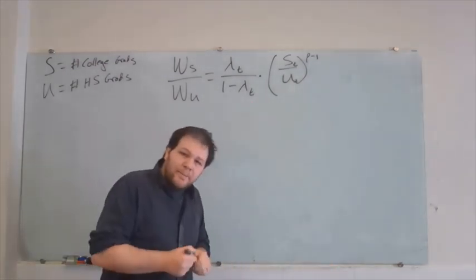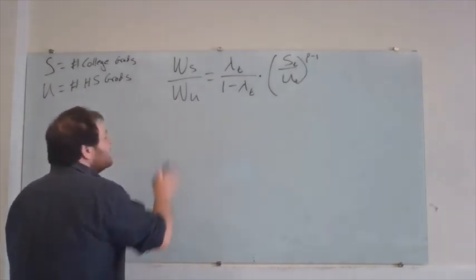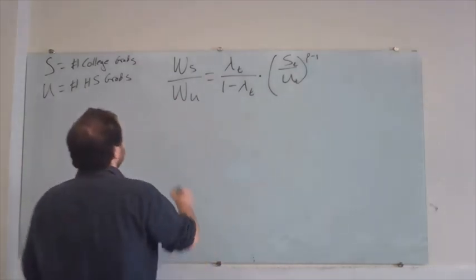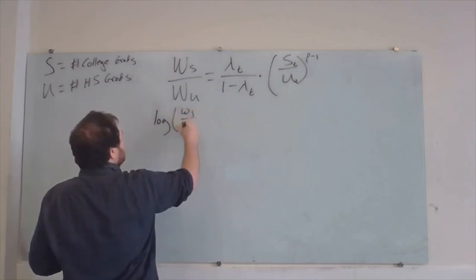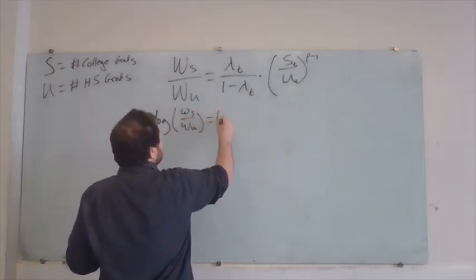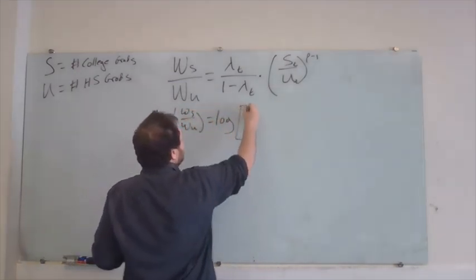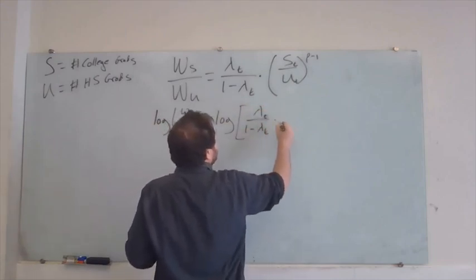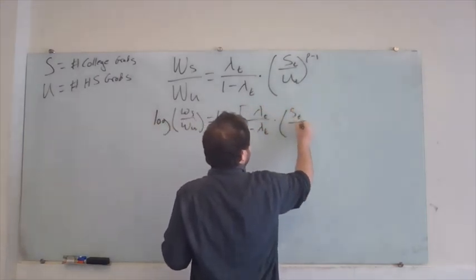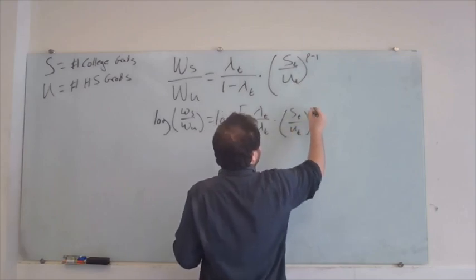Well, what they're going to do is basically take the log of both sides. They'll say log WS over WU equals the log of lambda t over 1 minus lambda t times st over ut to the rho minus 1.